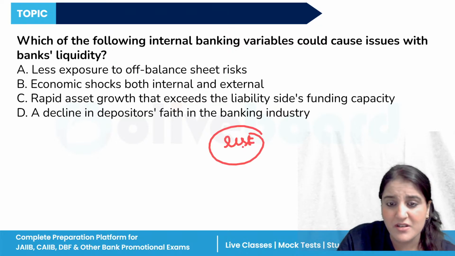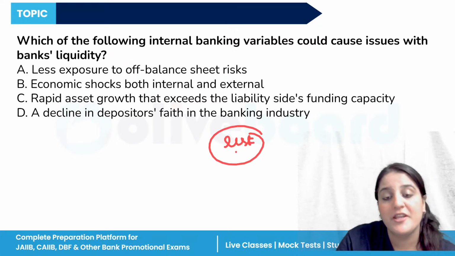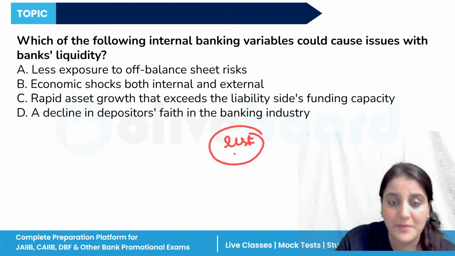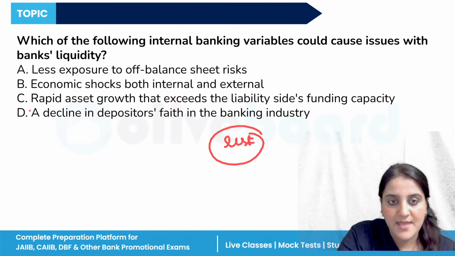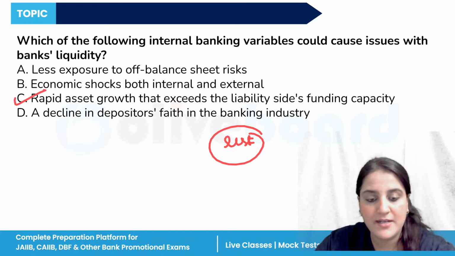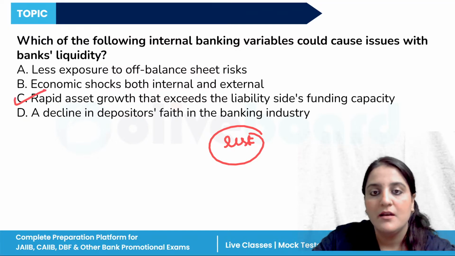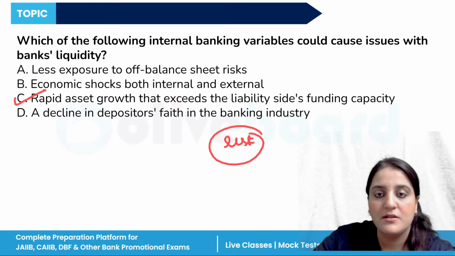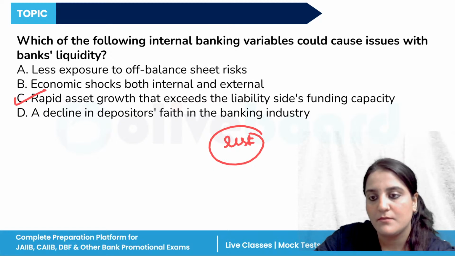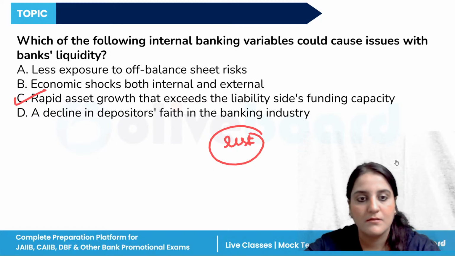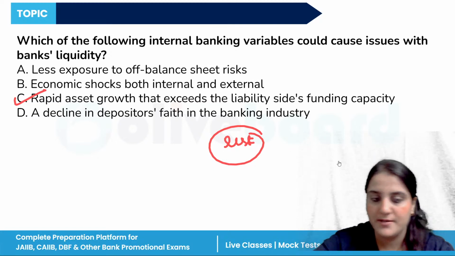This condition may make it difficult for the bank to meet its obligations and funding needs, possibly leading to liquidity problems. So we can say here option C is correct, that is rapid asset growth that exceeds the liability side funding's capacity. Yeah, option C. Great.